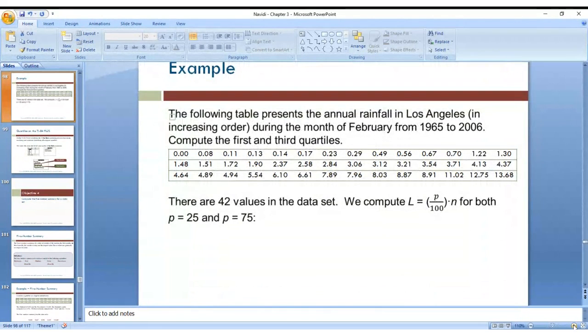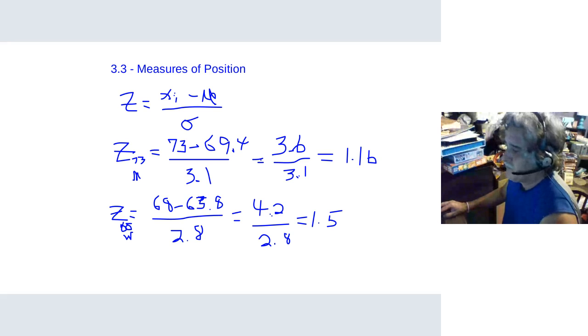You could do this either on the calculator or the spreadsheet. If you copy and paste it, it's easier to do on a spreadsheet.